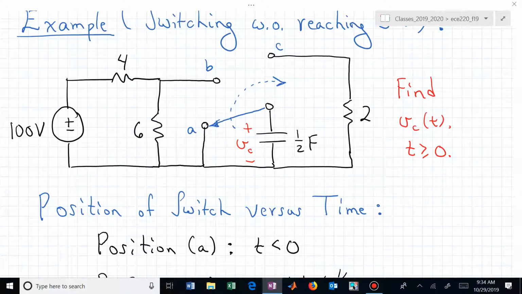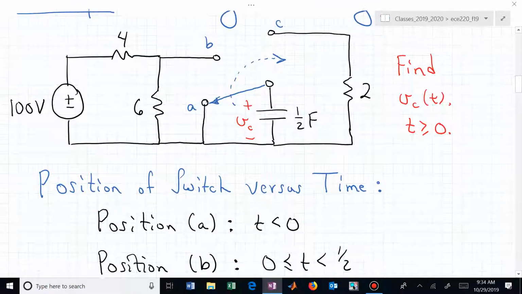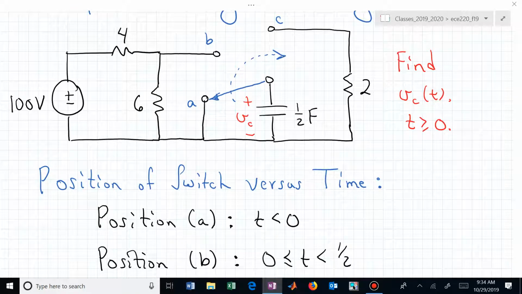Then we'll switch and put the switch in position B at time 0. And then at time 1/2, we will switch from position B to position C. We'll be in position C from 1/2 all the rest of the time.